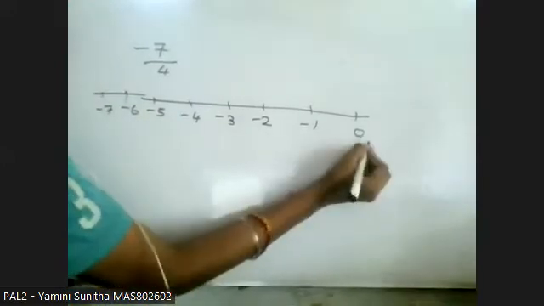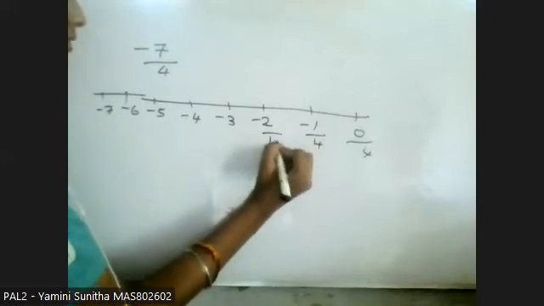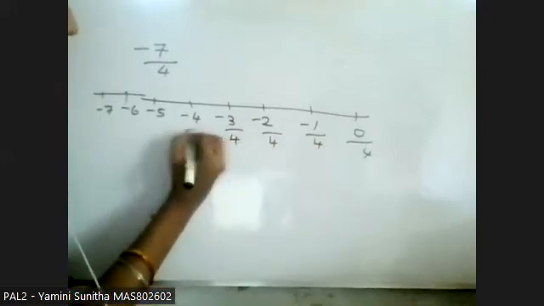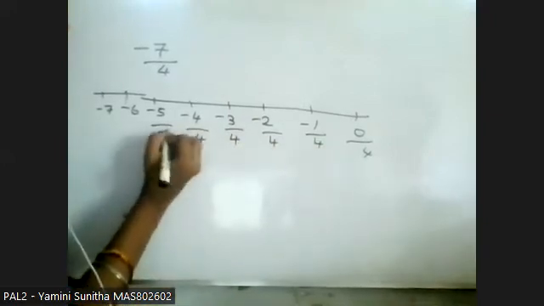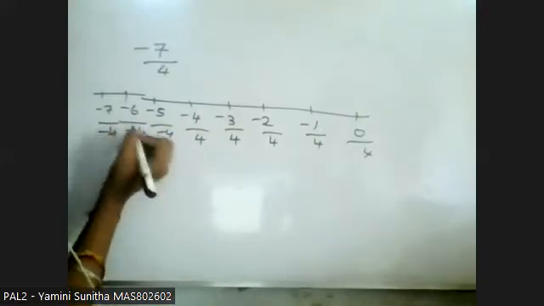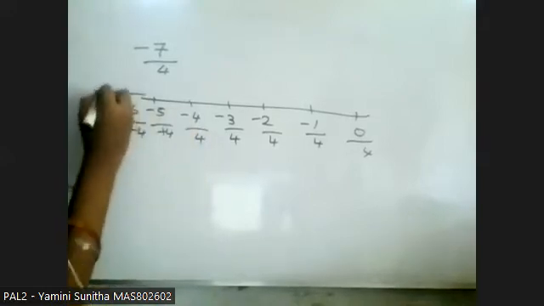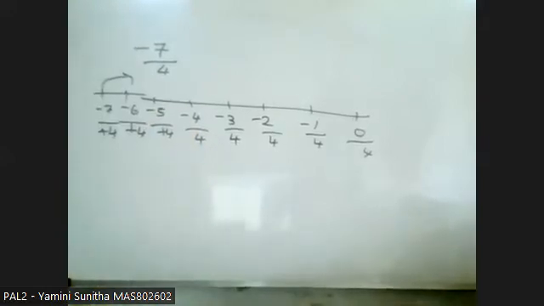Then divide by the denominator, 4. Divided by 4 and represented, this is minus 7 by 4.